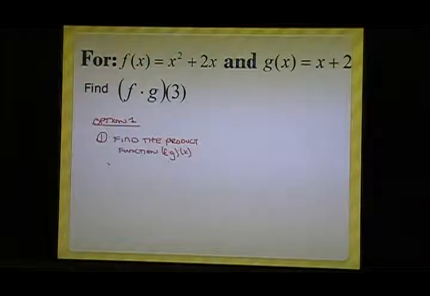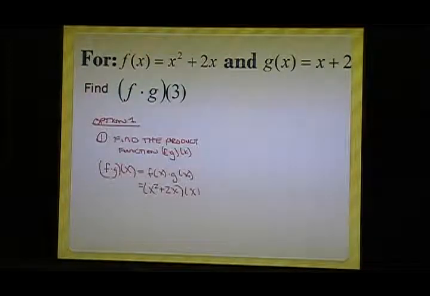To find f times g of x, we would multiply our two functions together. So f of x, we have x squared plus 2x, times g of x, which is x plus 2.